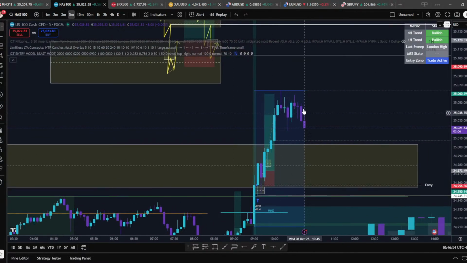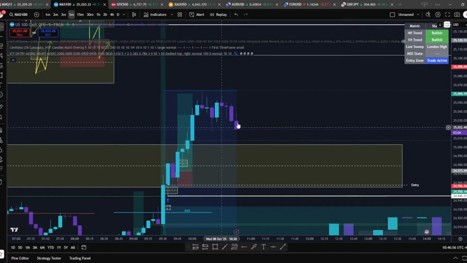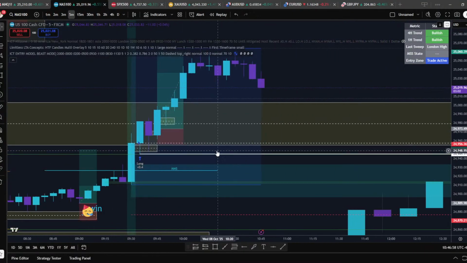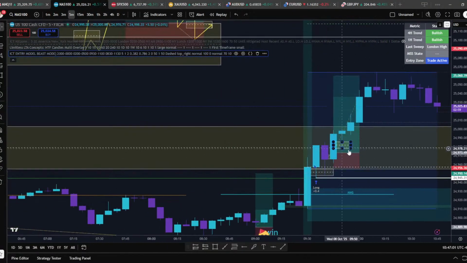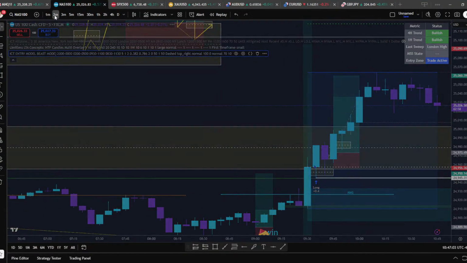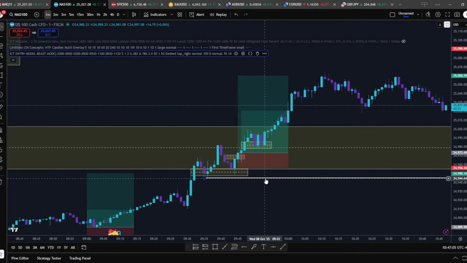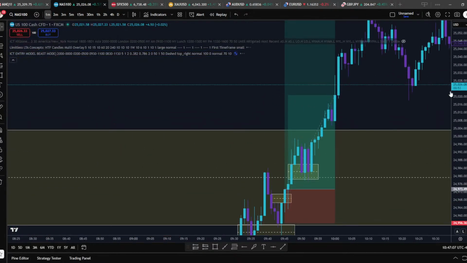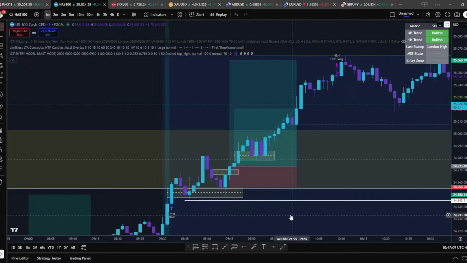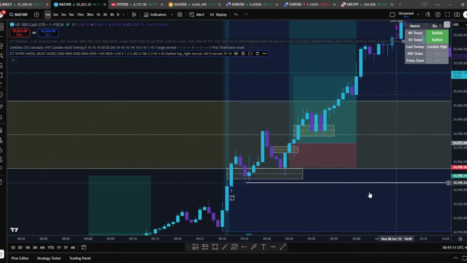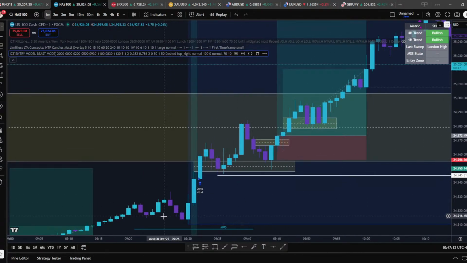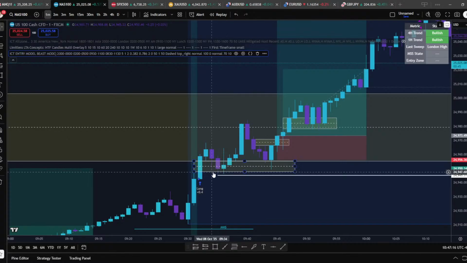Okay, see how price is just stalling at the moment? Let's review this, okay? We just talked about ducks, right? The reason why we got away with this trade, if we took it, okay, is because it's a continuation move, number one, right?